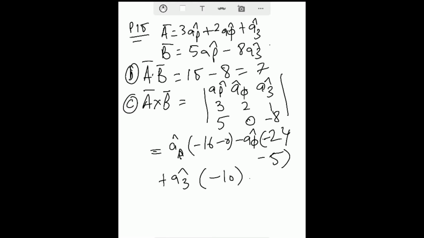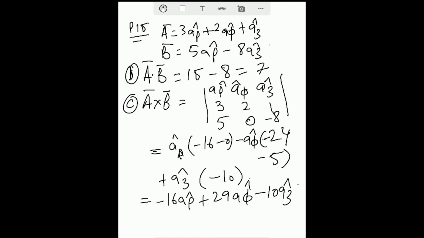So that will be equal to minus 16 a_rho, and then 29 a_phi and minus 10 a_z.